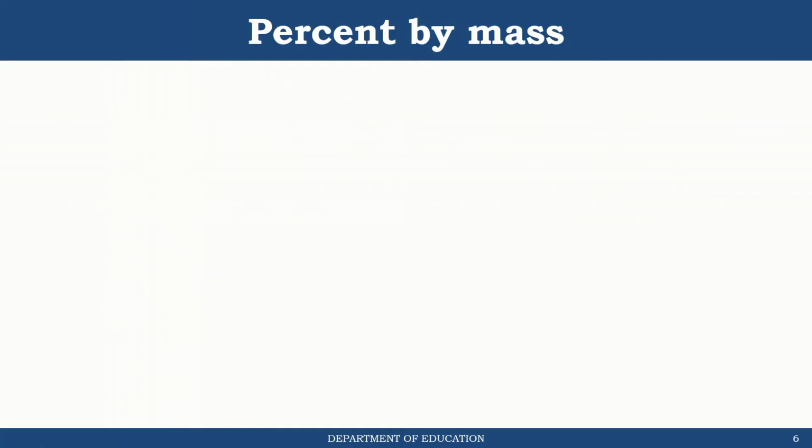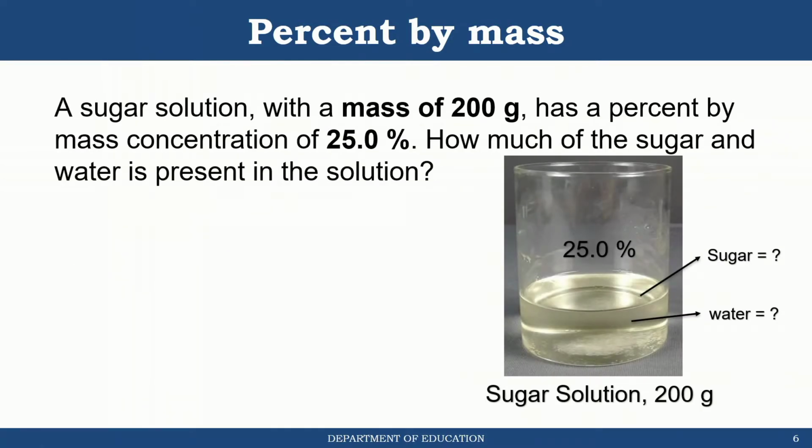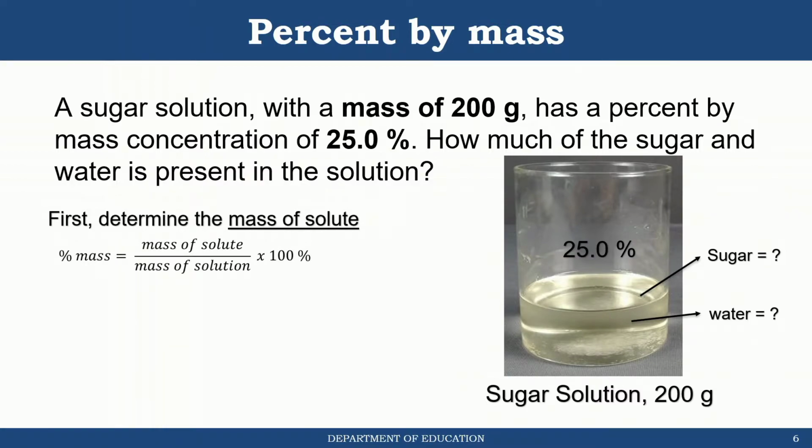Another example. A sugar solution with a mass of 200 grams has a percent by mass concentration of 25.0%. How much sugar and water is present in this solution? First, we have to determine the mass of the solute. We have to calculate: percent by mass is equal to the mass of solute divided by the mass of solution times 100%.